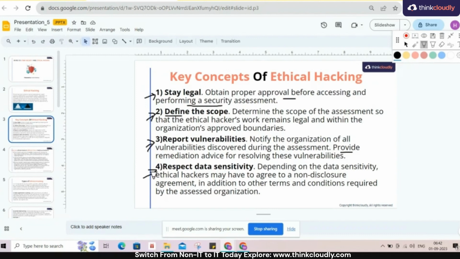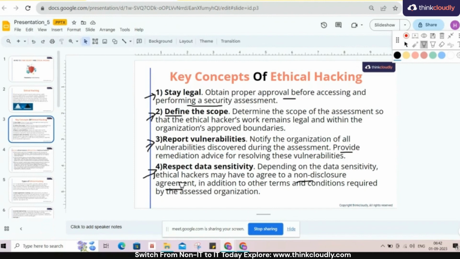You can see how they deal with this: one should not share the data with other people, and that is covered by a non-disclosure agreement. Whenever you are hired by an organization as a security assessor, they will provide you an NDA, a non-disclosure agreement, so that you cannot share anything with anyone.